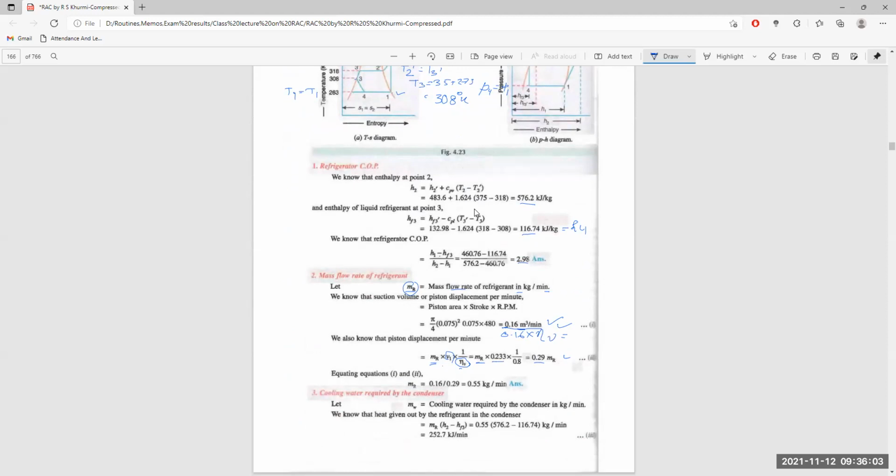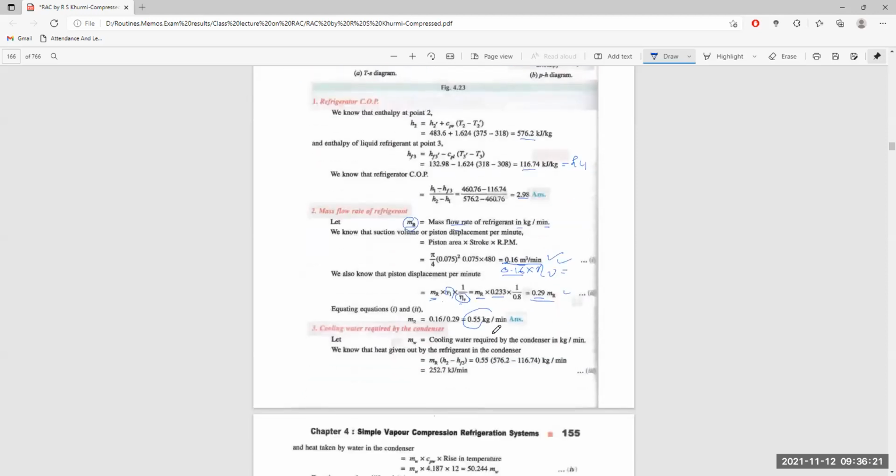This was the compressor itself. Thus we got the value of the mass flow rate of the refrigerant throughout the system.